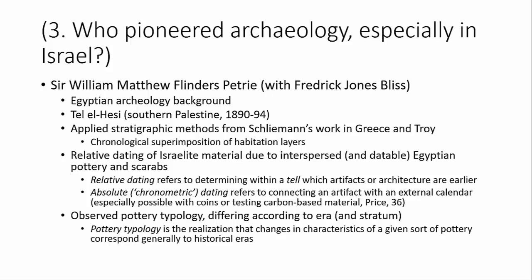So he was cashing in on discoveries that Schliemann had made when he was exploring Troy, and also some of his work in Greece. So Flinders Petrie, instead of just doing surface exploration, looking for artifacts that were poking up through the sands, as it were, he began to peel the layers away and realized that we had successive layers of habitation.